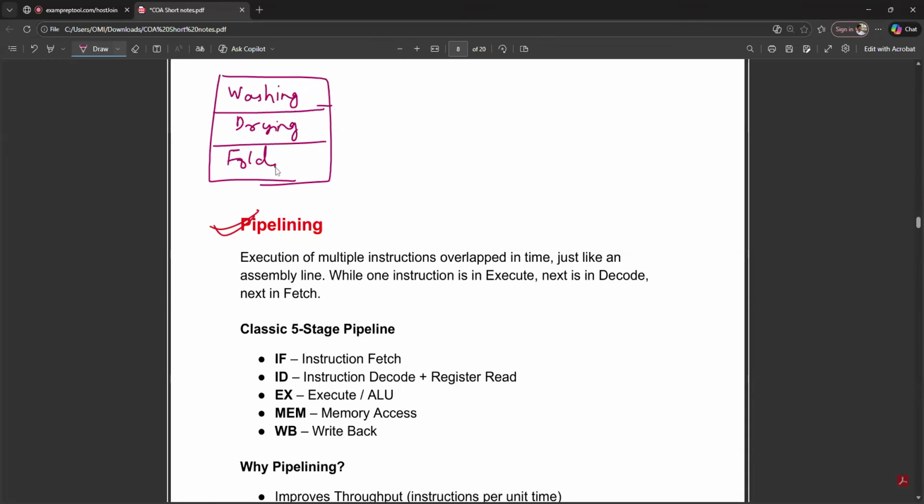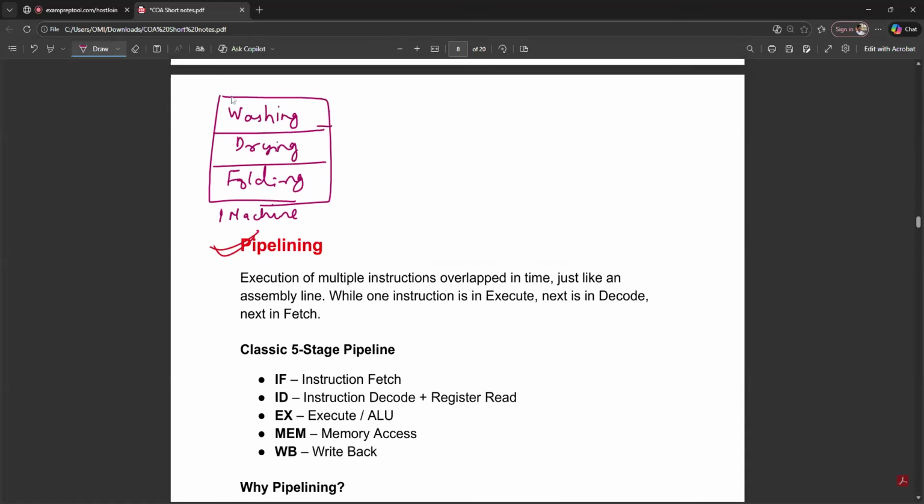This is one machine. If this is one machine, then each cloth has to go first to washing, then to drying and folding. Only if it goes completely through it can the next thing be performed. Like after the washing, drying, and folding are completed, only then can you perform the next thing.